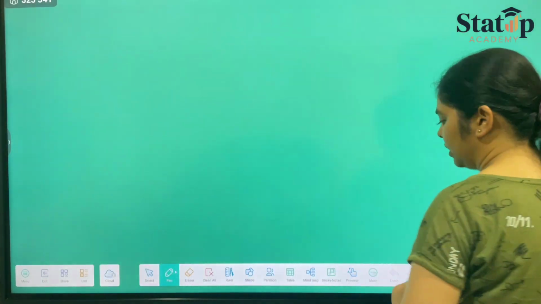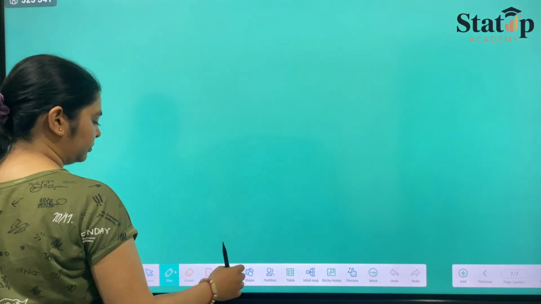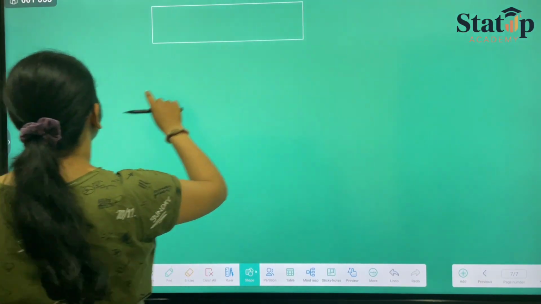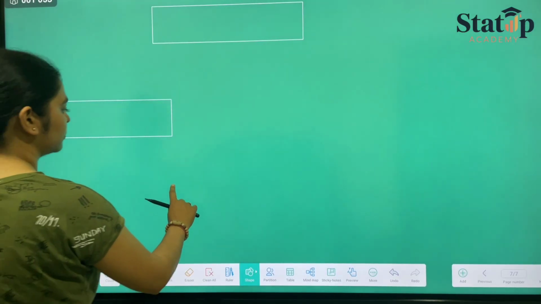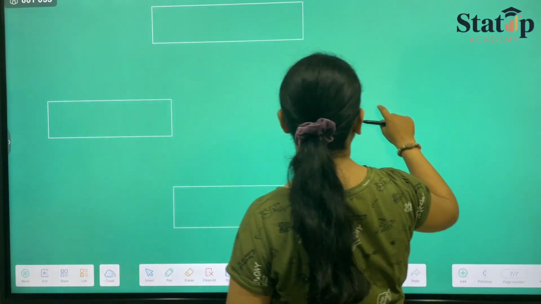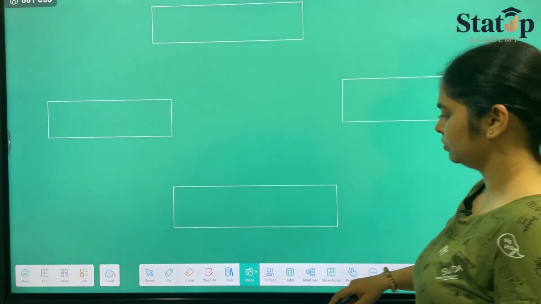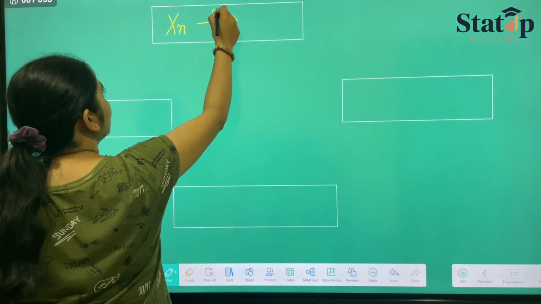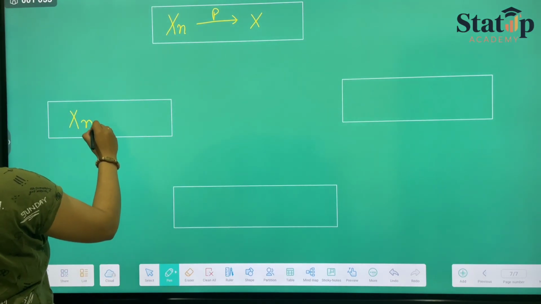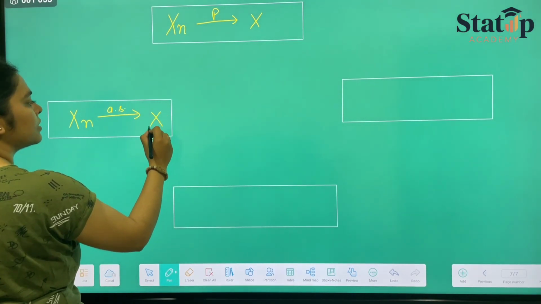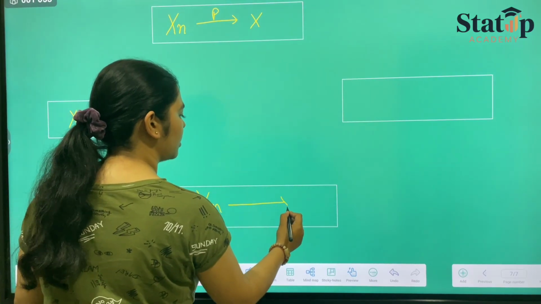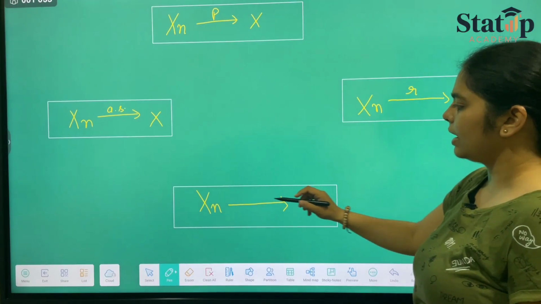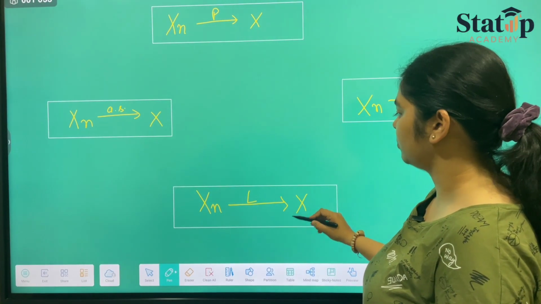So let us make a diagram of this. Here we are saying that Xn in probability converges to X, Xn almost surely converges to X, Xn in rth mean converges to X, and Xn in law converges to X. These are the things.